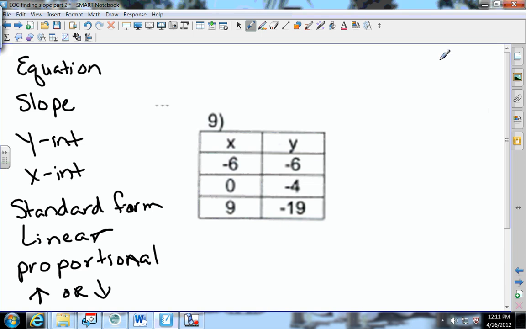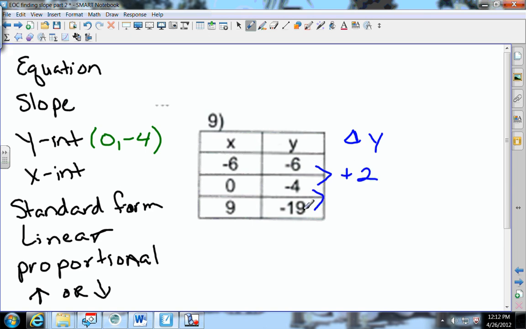To start answering some of these questions, the Y-intercept is written right here at 0, negative 4. Now I'm going to find my slope, delta y divided by delta x. Take the bottom number, negative 4, minus negative 6. It would be plus 2.